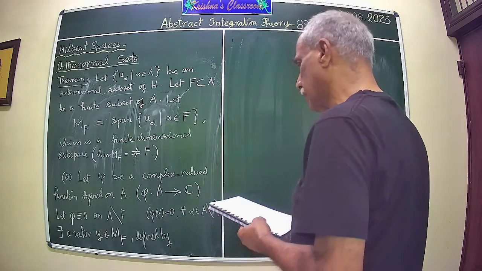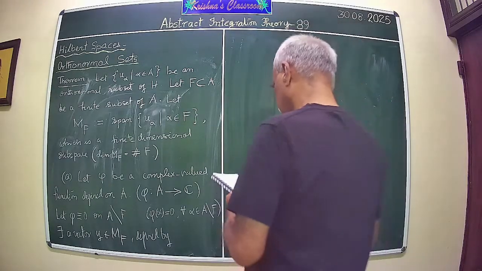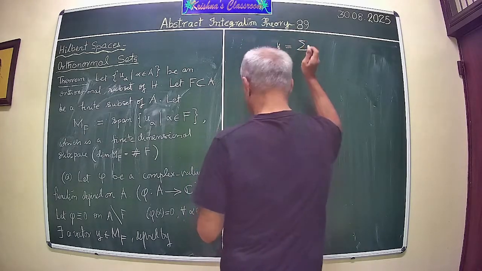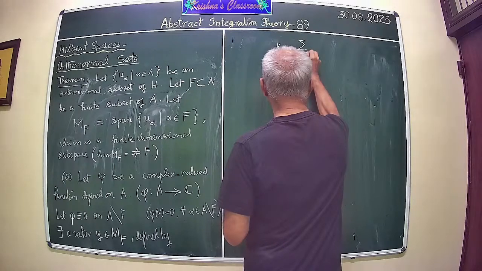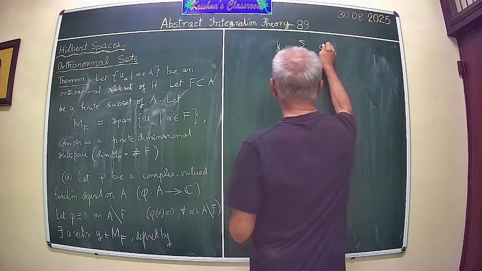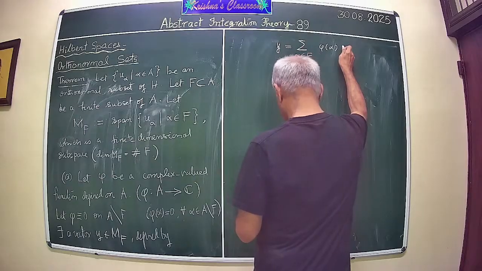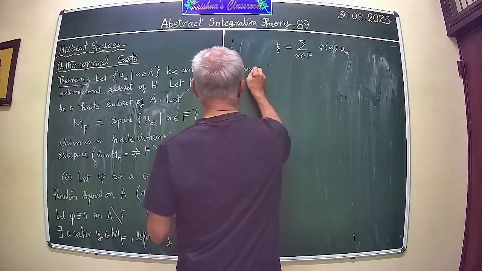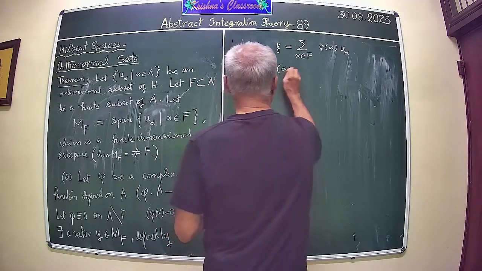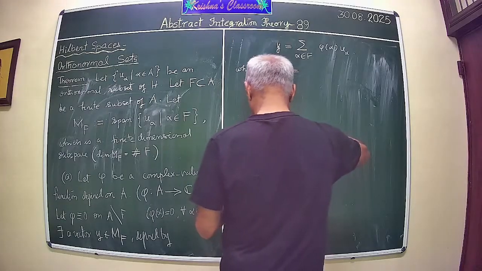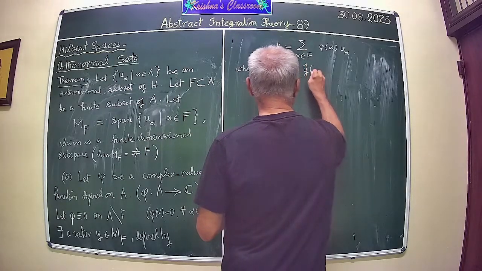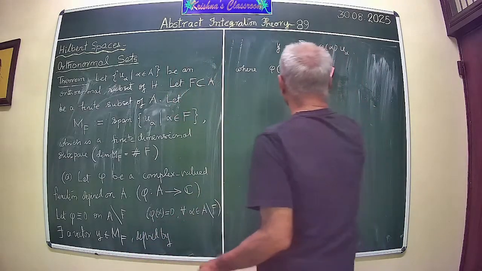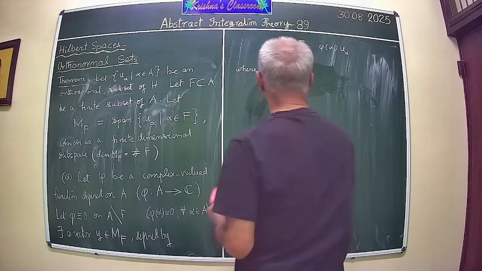If you are talking about a vector, the Fourier coefficient of y equal to sigma alpha belonging to F, y hat alpha U alpha, where y hat alpha is equal to phi alpha.